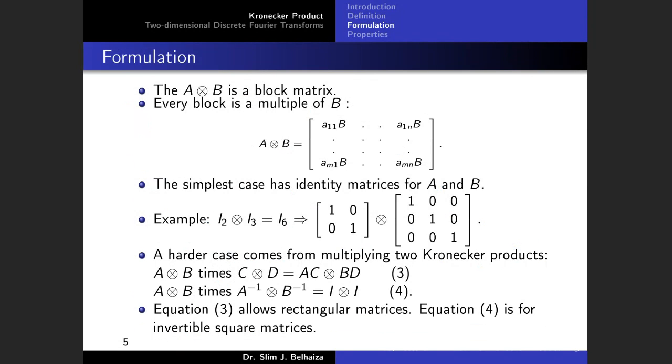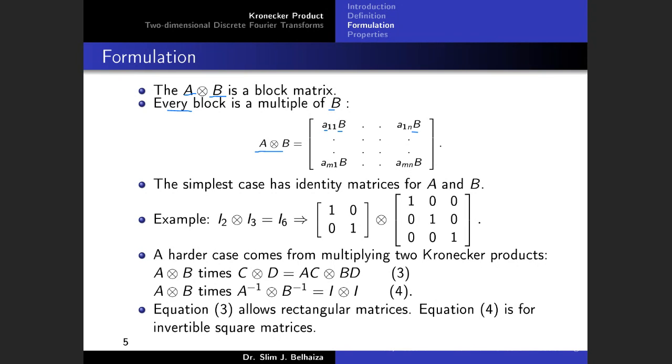So if you are computing the product A ⊗ B using the Kronecker product rule, every block is a multiple of B. So A ⊗ B will give you a11B till a1nB. So you see, if originally you had in the first row of A a11, a12 till a1n, then you see what is the resulting first row.